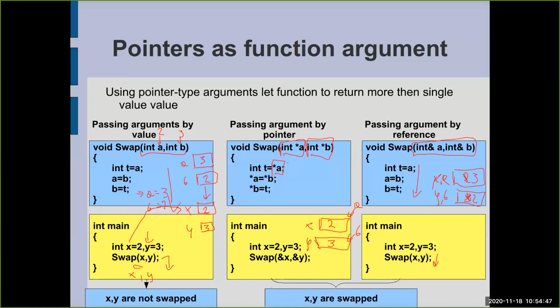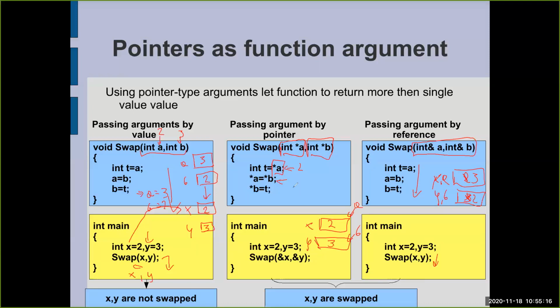And now I store integer values, so t is equal to asterisk a, so it is equal to 2. Now asterisk a is equal to asterisk b. So what's going on? The value of b is 3. The value of a is 2, but it is the same as what x is.